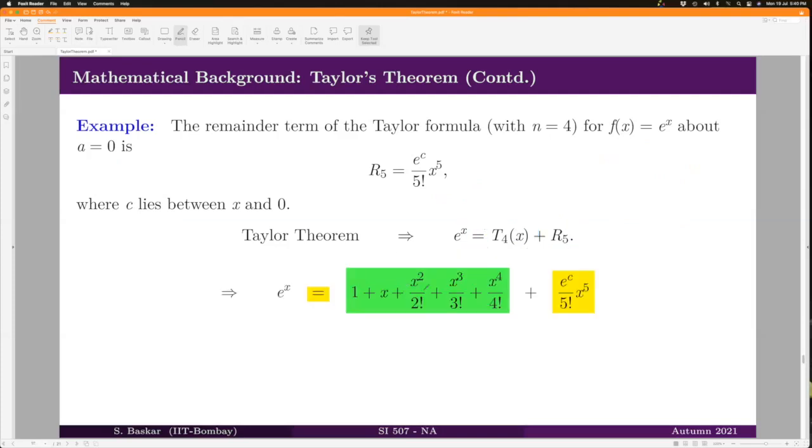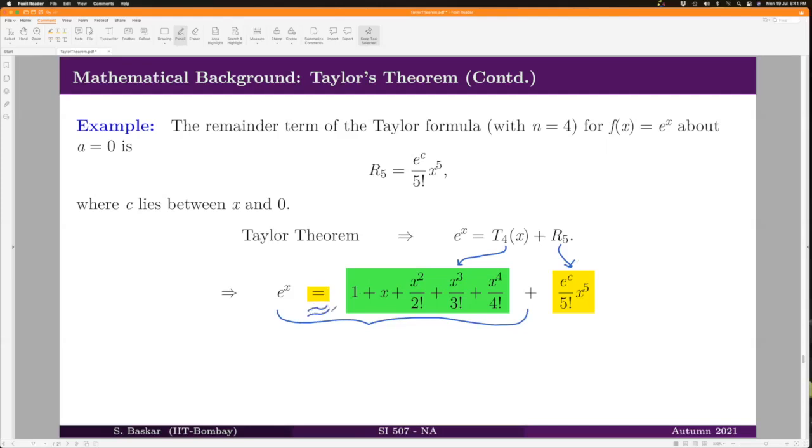In this case, the Taylor polynomial is given by 1 plus x plus x squared by 2 factorial plus x cubed by 3 factorial plus x to the 4 by 4 factorial. That is your Taylor polynomial of degree 4, and the remainder term is given by this. If you have only this much, then you should not forget to write approximately equal to.